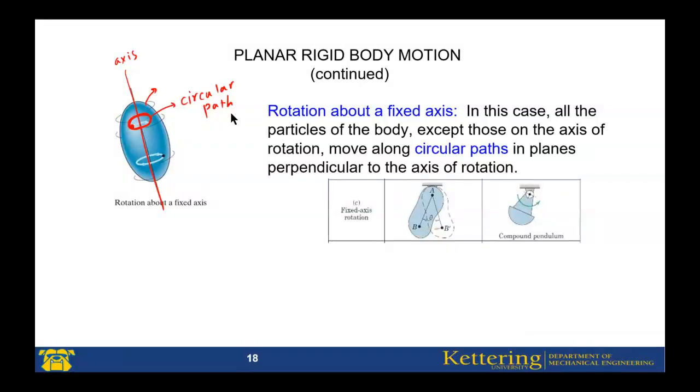If you find a rigid body where the particle moves along a circular path, this rigid body has a rotation. One example of this is a pendulum. You will see that this one has a rotation.